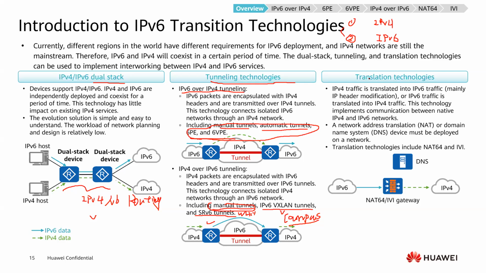And finally is the translation technology. The translation technology is normally used in the data center, just for the DC, because the data center is the place that supplies services for internet users to connect to.